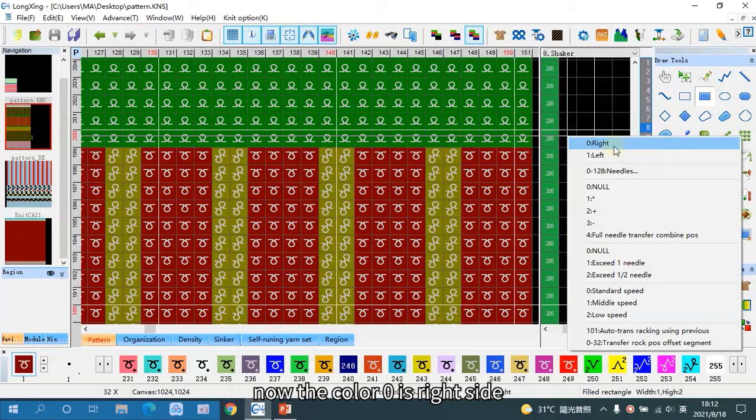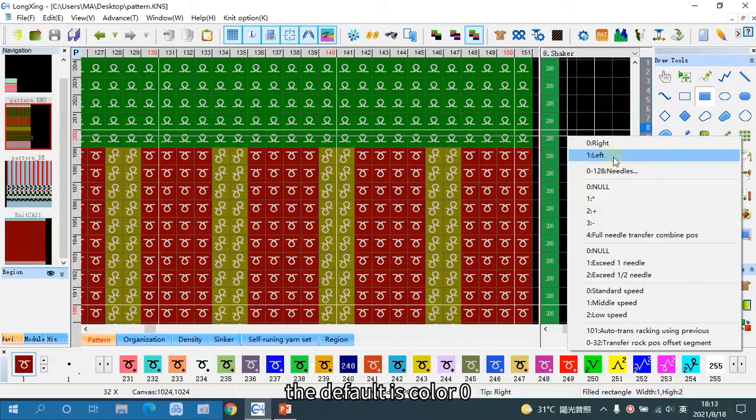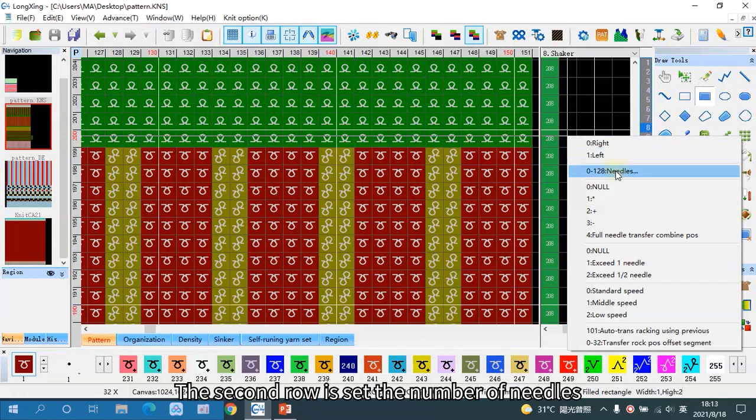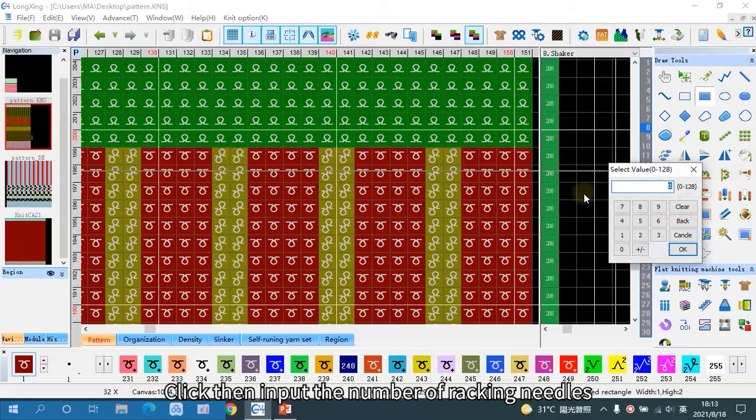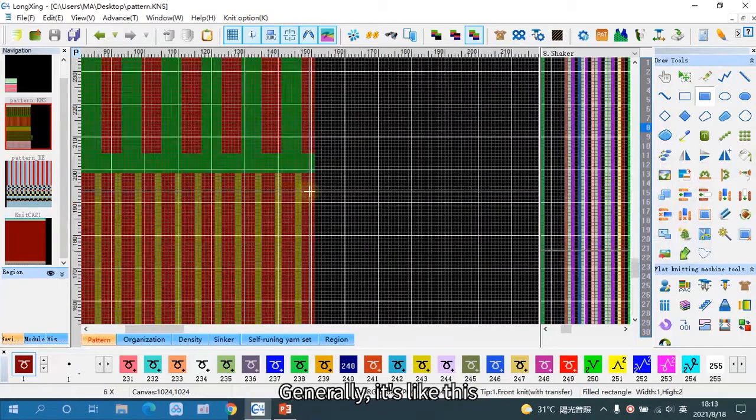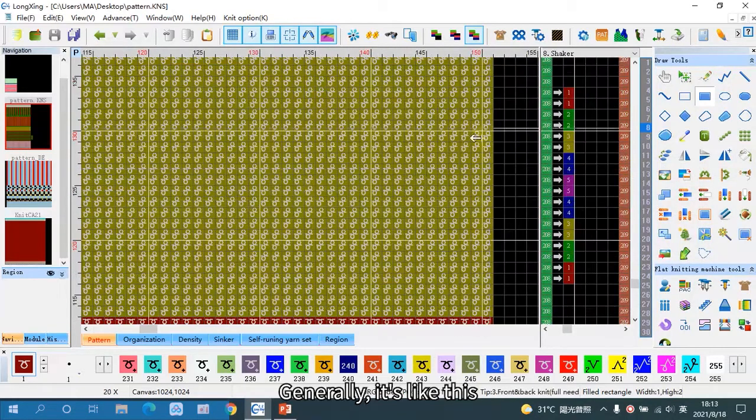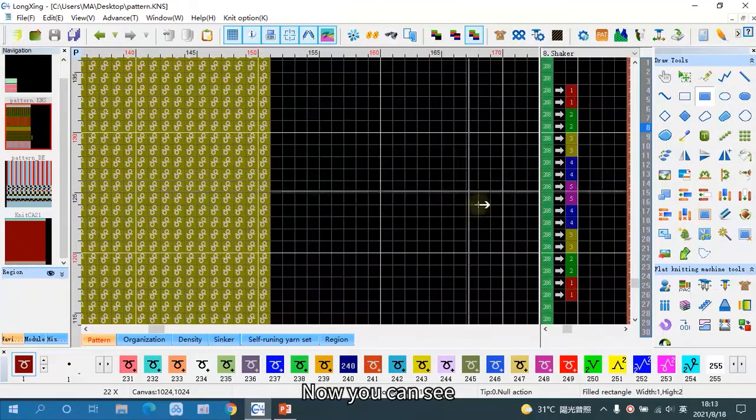Color 0 is right set, color 1 is left set, the default is color 1. The second row sets the number of needles, click, then input the number of racking needles. Generally, it's like this.